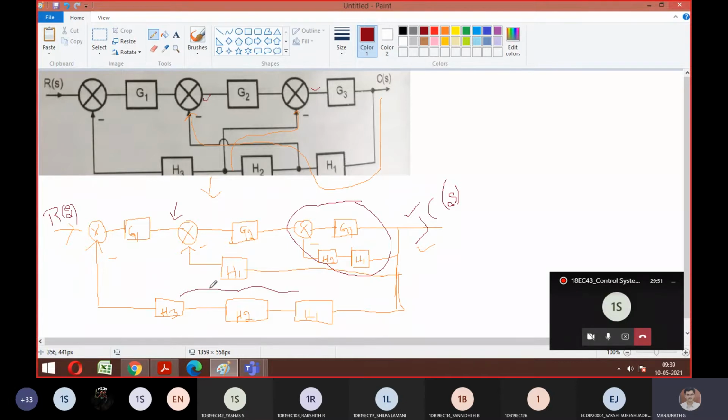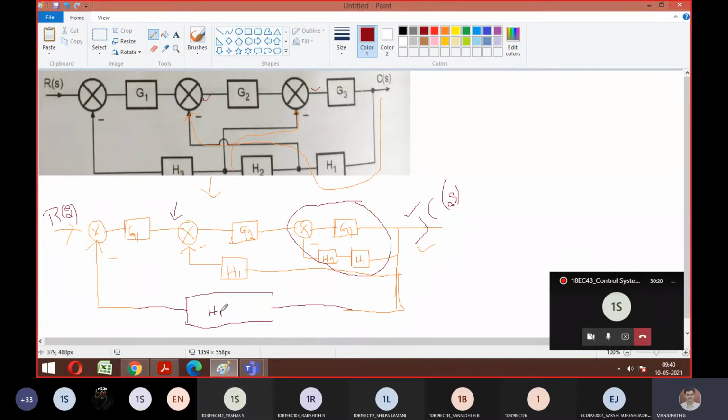If you take step 2 as cascade of these three, let me eliminate this. So this is eliminated. I hope everyone can understand what we're doing. Then I'm going to write this as one block. The three blocks have been reduced to a single block, and that single block designation you can write as H1, H2, H3.